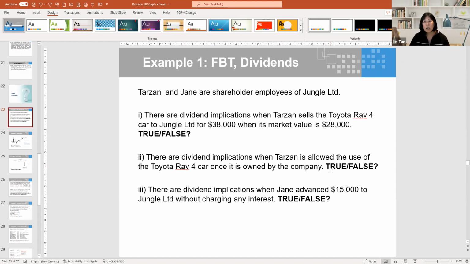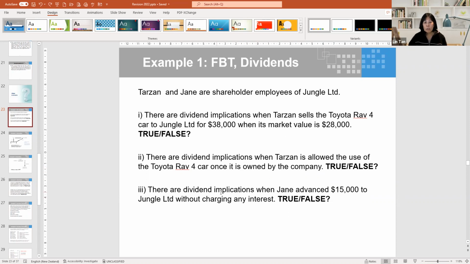So the car is available for Tarzan's private use as well. And Tarzan is a shareholder employee. The car is a non-cash benefit. It comes under one of the categories of a motor vehicle. And therefore, this statement is false because it's not caught under the dividend rules. It's actually caught under the FBT rules.